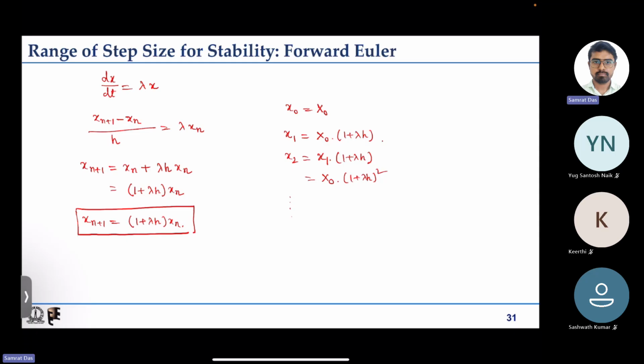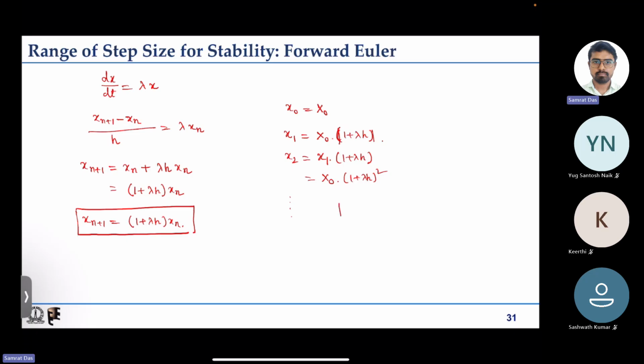So like this, x1, x2, x3, x4, x5 dot dot dot tending to infinity can be obtained. So if it has to be stable, the amplitude of this factor, this 1 plus lambda h, has to be less than 1.